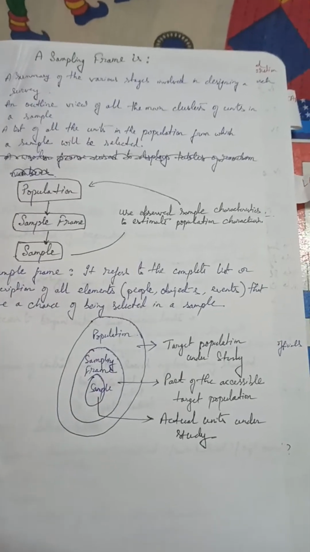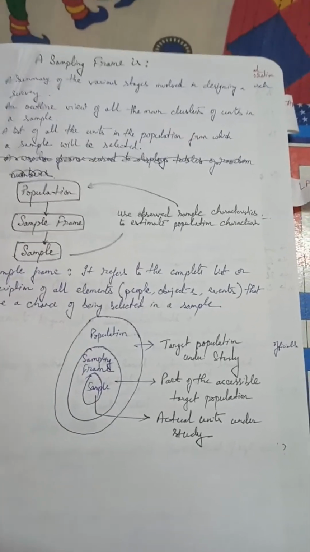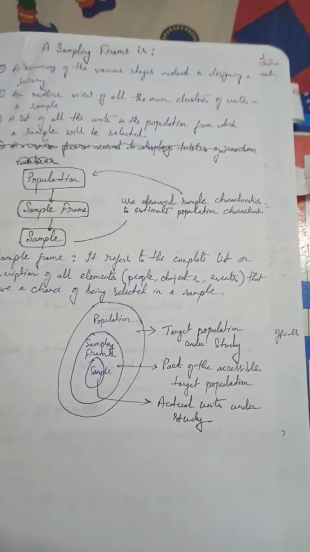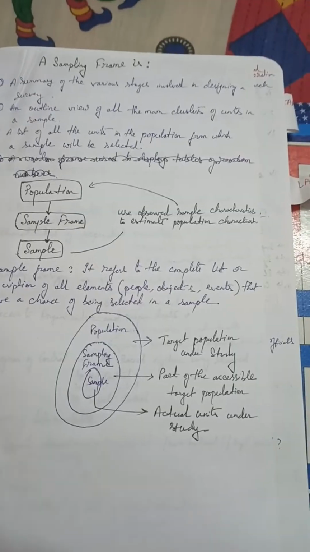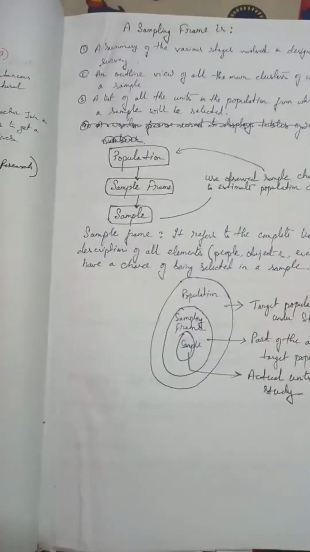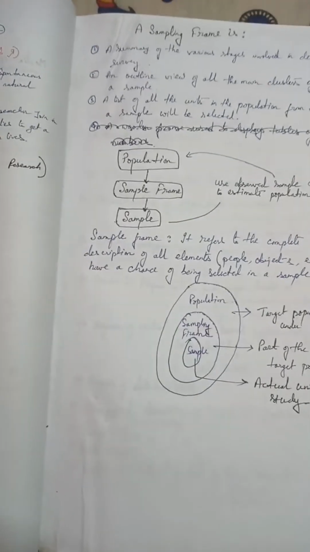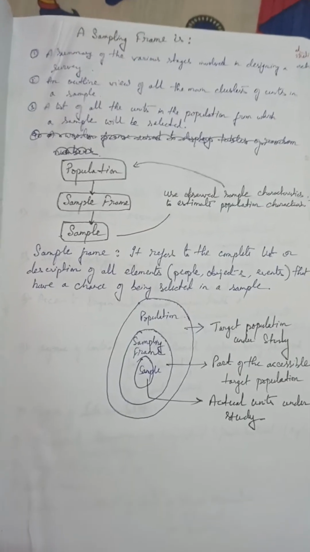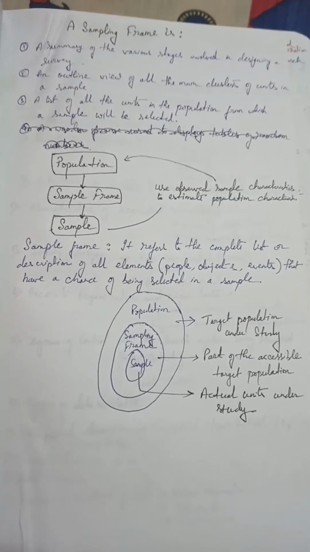Now let's take an example. If you are conducting a survey on student satisfaction in Indian universities, there is a popular saying that there is a clash between private universities and government-owned universities. If we are studying the satisfaction level of students in Indian universities, then the population is all students enrolled in Indian universities.